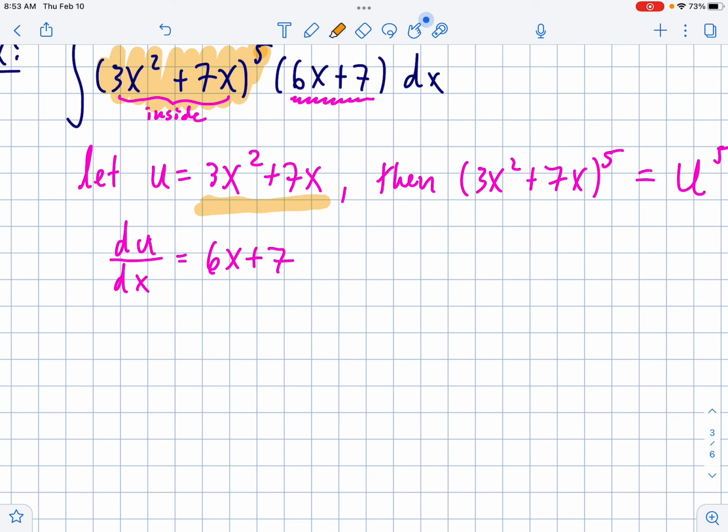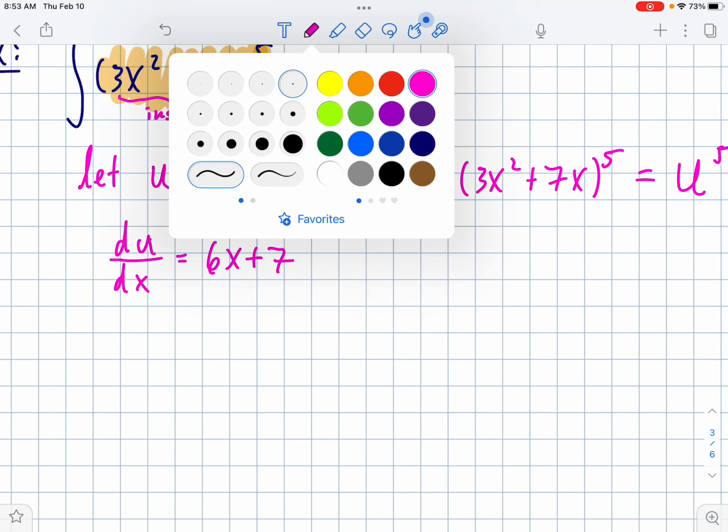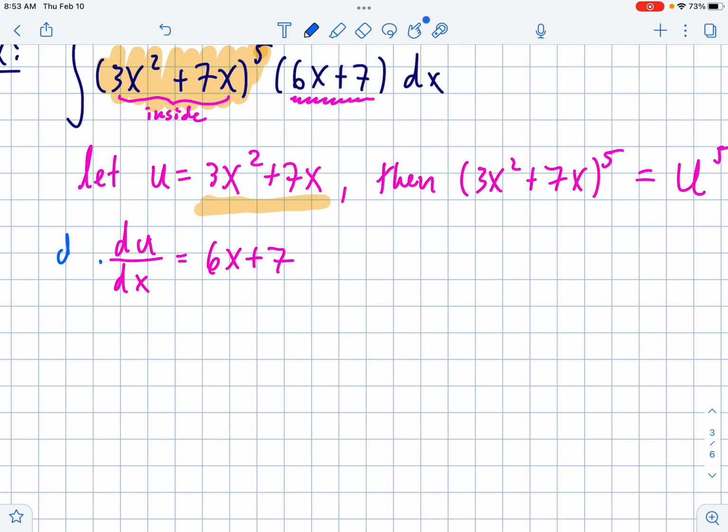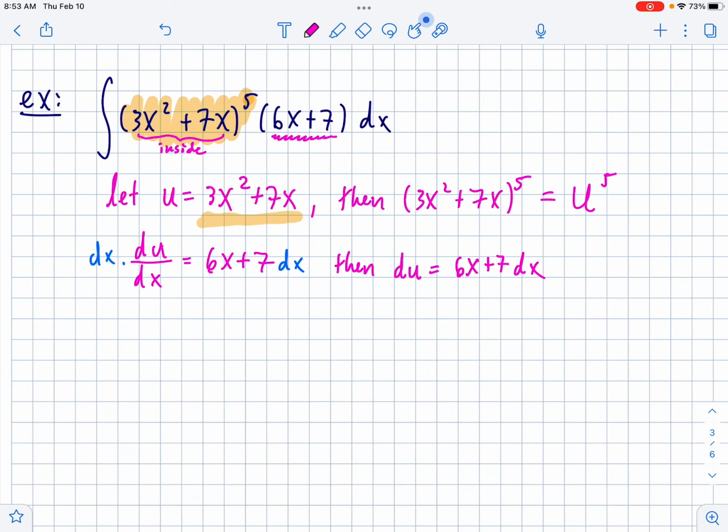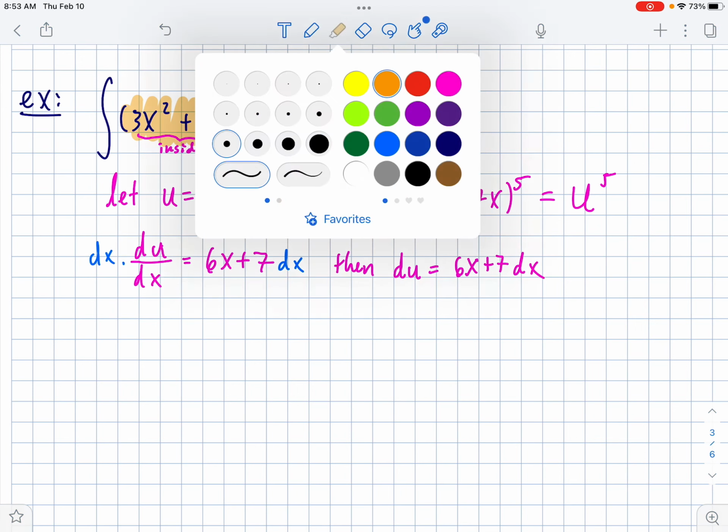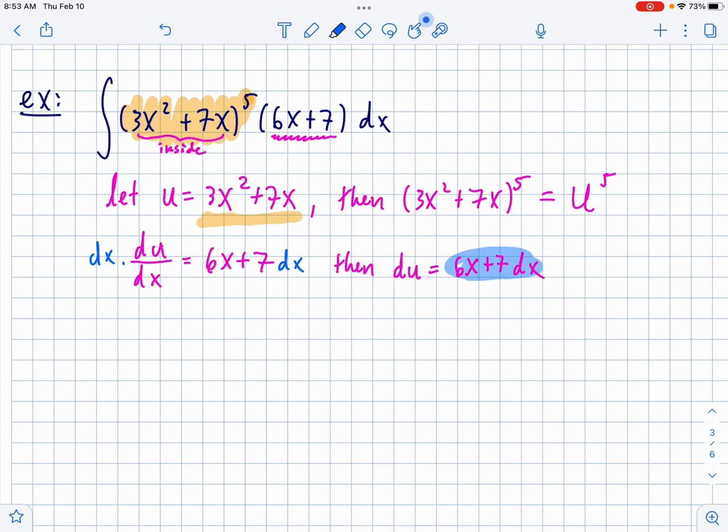The way I want you guys to think of this is, think of this like a fraction right here, and you could actually multiply both sides by dx to get du is equal to 6x plus 7 dx.